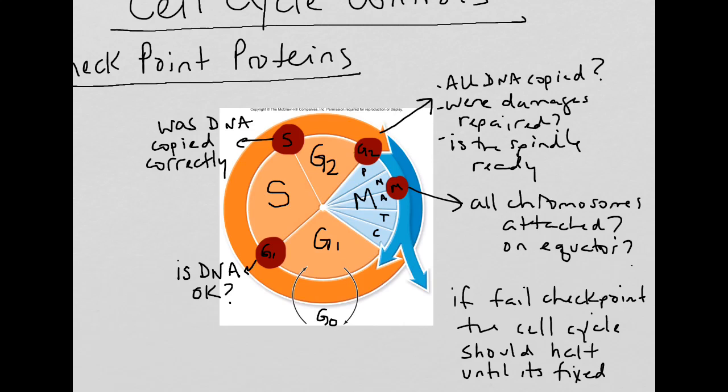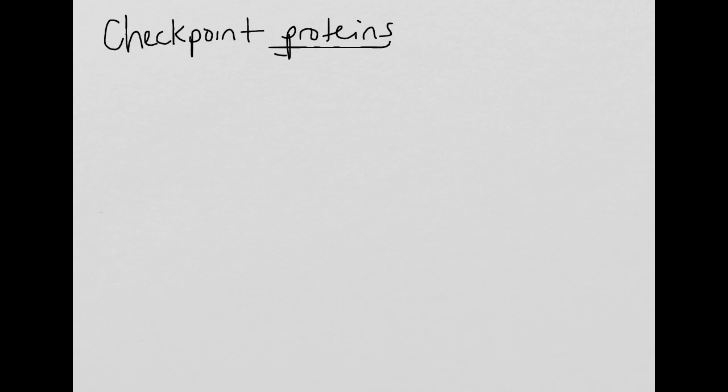Now, we know that sometimes mistakes happen. So how does it occur? Well, let's think about that. I said these checkpoint proteins, they are proteins. Okay, let's go to the next page for this, just to understand this concept. The checkpoint proteins, they are proteins.